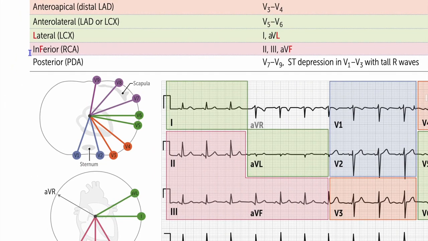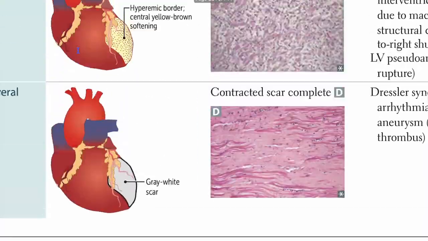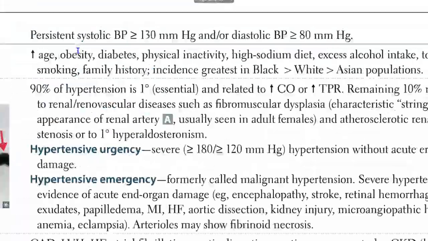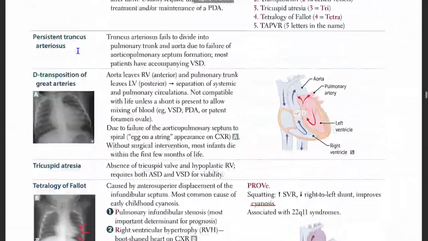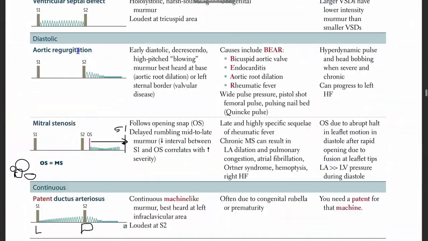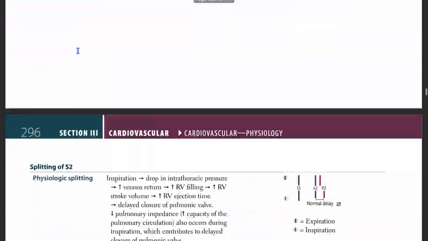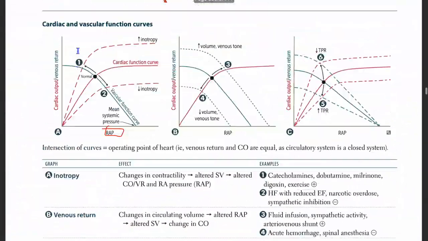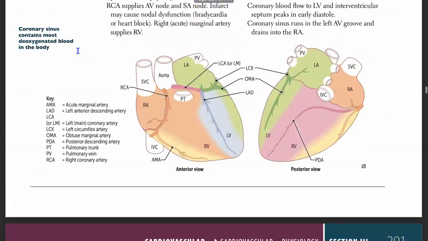So if we look here, inferior side is supplied by the marginal branch of the right coronary artery, right? Let me go back and bring that up. It was in anatomy. Right here.